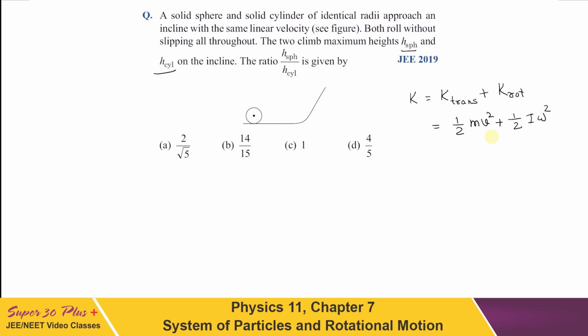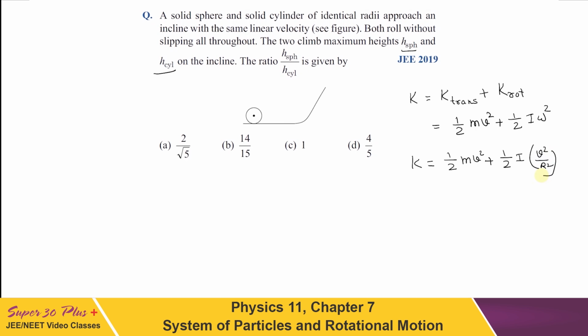Now, if I write the values for K, that should be equal to half mv square plus half I omega square, and as it is pure rolling, omega square can be written as v square upon r square, where v is the linear velocity and r is the radius for both the sphere and the cylinder.